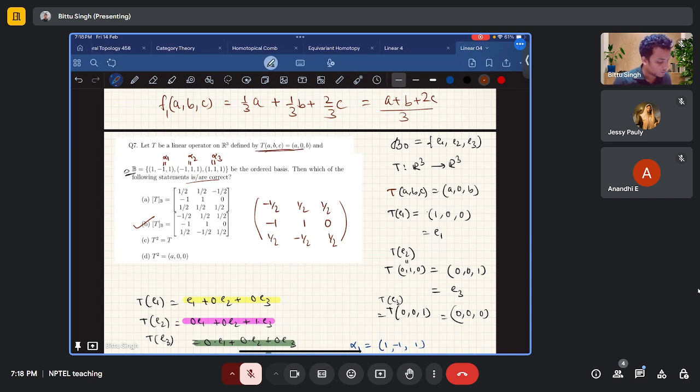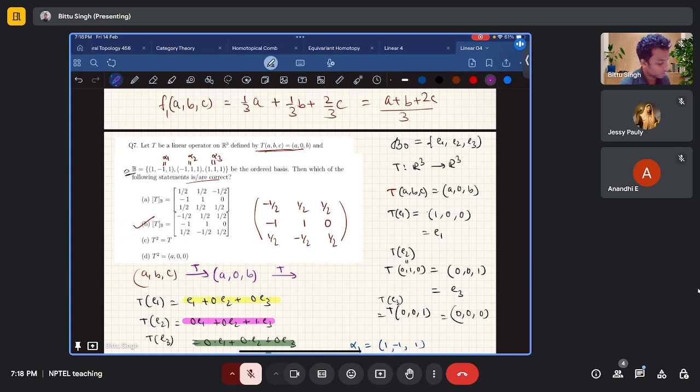So we also can see that T of ABC is A0B. So if we apply T to ABC, we are getting A0B. Now, if we again apply T, what will we get? What is the meaning of T?